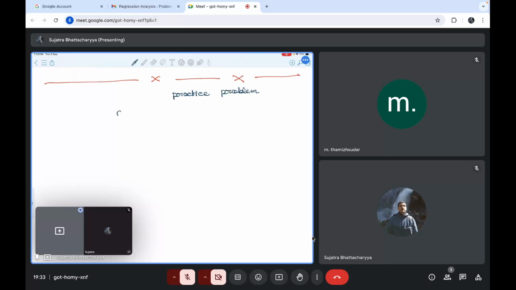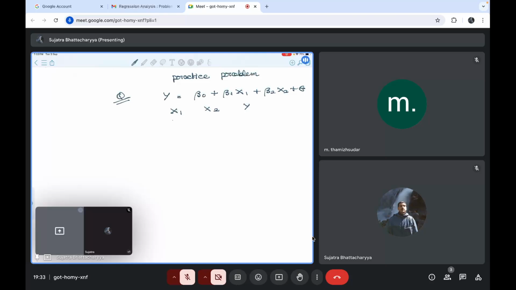So the question is, let me write. You have a two regressor model, y is equal to beta naught plus beta 1 x1 plus beta 2 x2 plus xi. Okay. And you have been given x1, x2 and y.